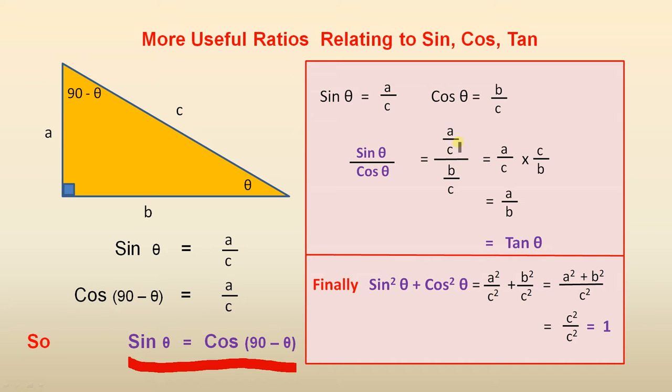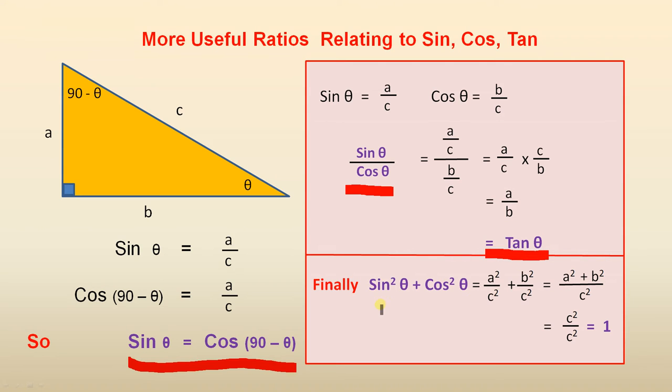When dividing fractions, you inverse and multiply, so you find the reciprocal of this fraction here, which is C over B, and you multiply. When you do this multiplication, the answer is A over B, which is actually tan theta. Because look, tan theta is opposite over adjacent, so tan theta is A over B. So what have we learnt from this? We've learnt that sine theta over cos theta is exactly the same as tan theta.